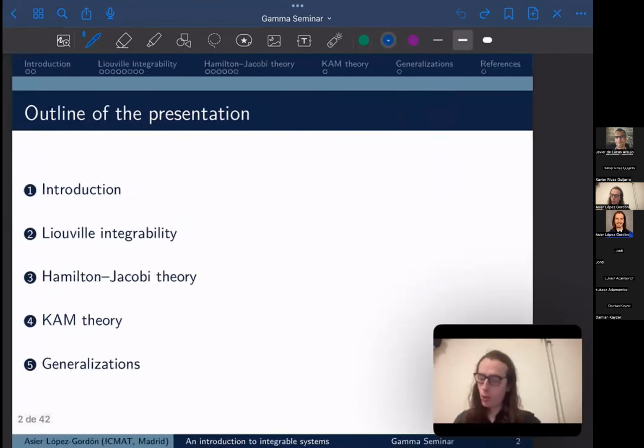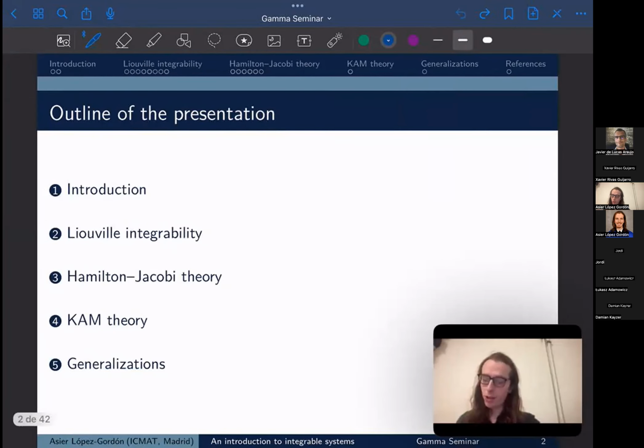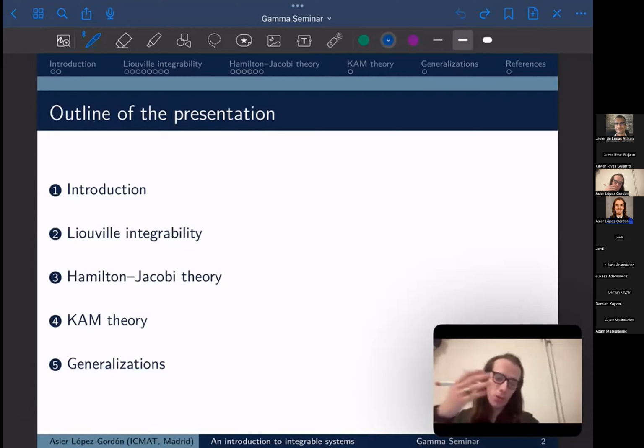So I will first give an introduction to the topic, then I will introduce the notion of Liouville integrability and present the Liouville-Arnold theorem in its easier formulation with easy assumptions, how to obtain action angle coordinates.